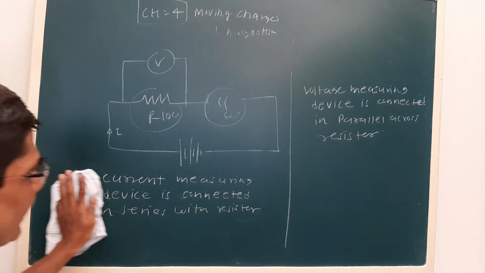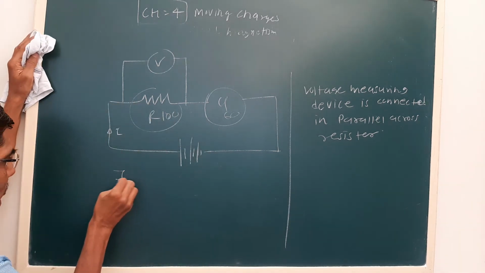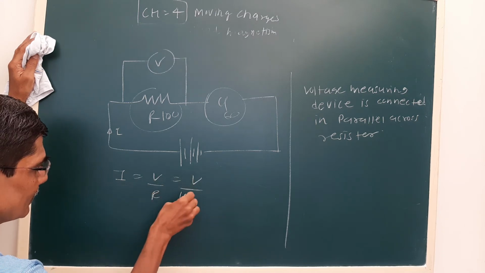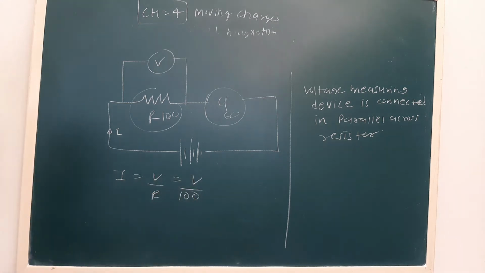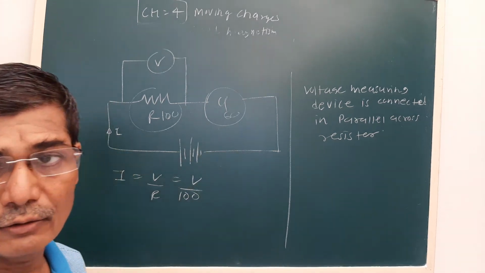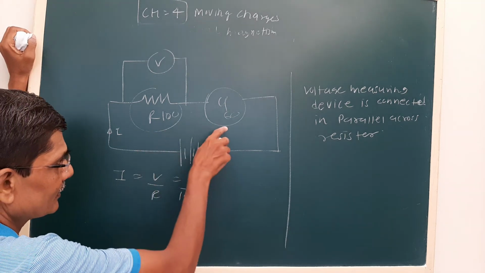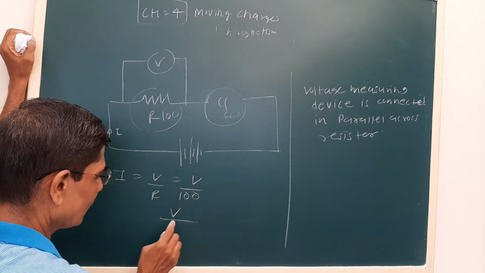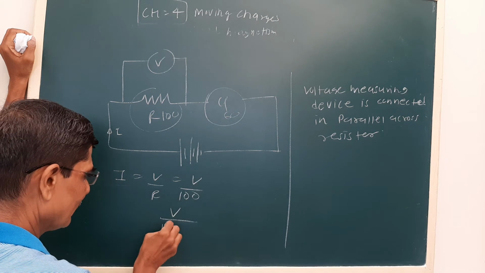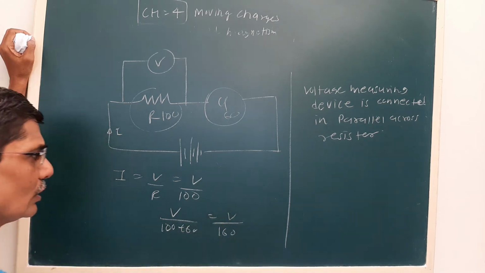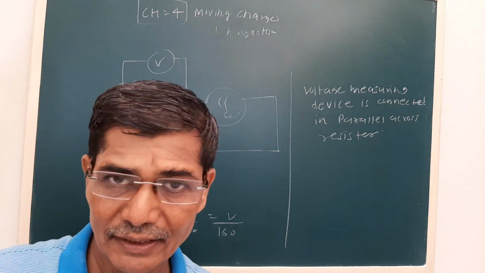I is equal to V by R, that is by Ohm's law, V upon 100. But as the galvanometer, the current measuring device, is connected in series, the resistance will change. Series resistance will be, instead of V upon 100, when we connect the galvanometer, it will be different, so our current value will change significantly.